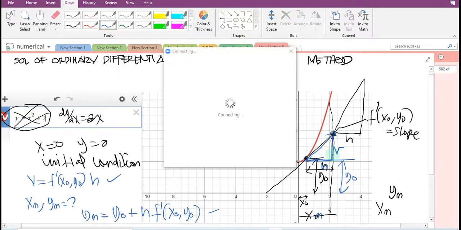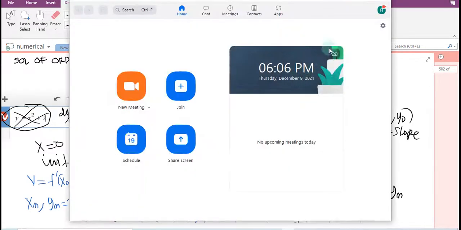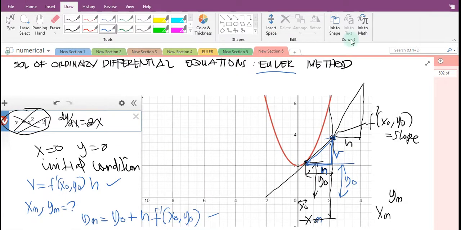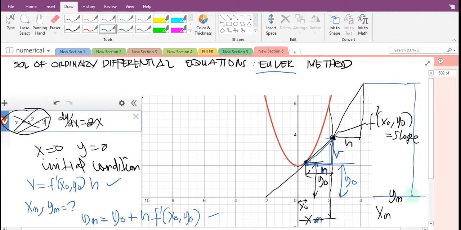So, for example, if we want to determine this value again, let's call this y.